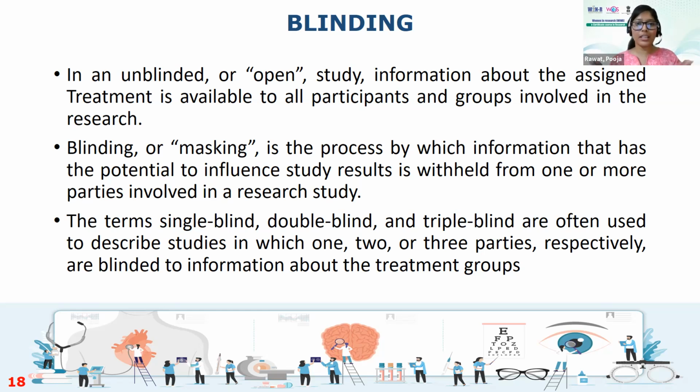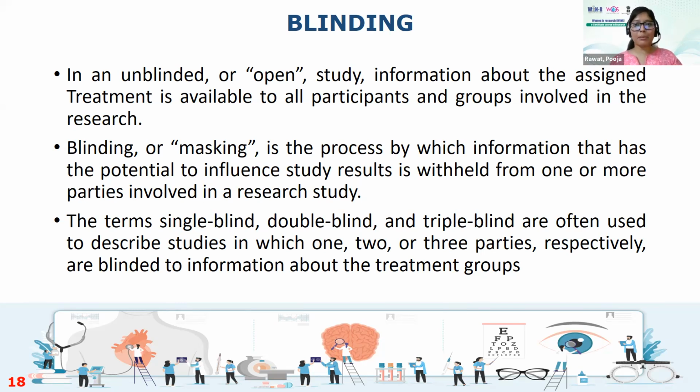So this is open. In the blind one, neither patient knows, but blinding will not be applicable in the case of medical devices. I'll talk about it in drugs, where none of them will know which treatment they have been allocated, just to avoid bias.